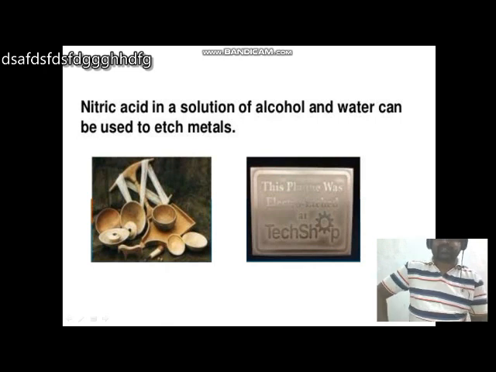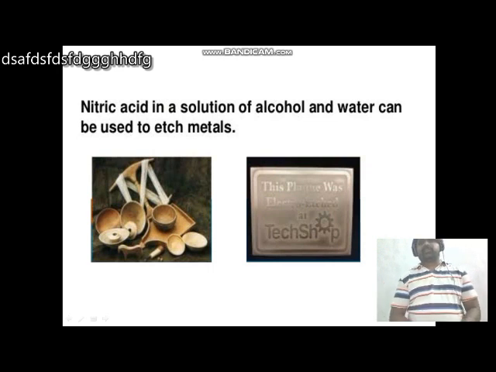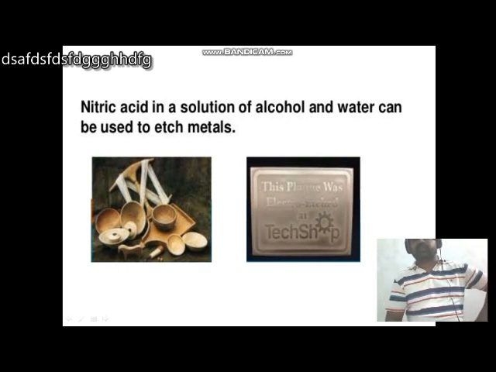That process is known as etching metals. So nitric acid in a solution of alcohol and water can be used to etch metals. It means they are not using only nitric acid; with the nitric acid they add alcohol and water, but compared to the alcohol and water, they give the most importance to the nitric acid. So nitric acid is used in the preparation of etched metals.